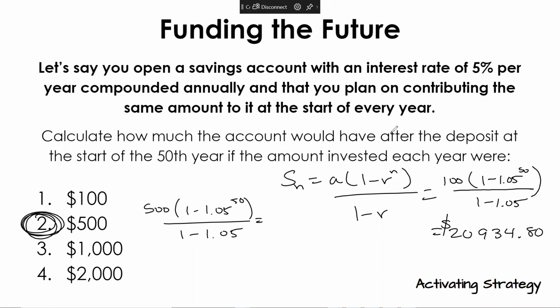You know how on this original problem you're putting in $100, and the next year you're also putting in $100, but you're also getting that 5% added onto it. It's going to be 1.05.